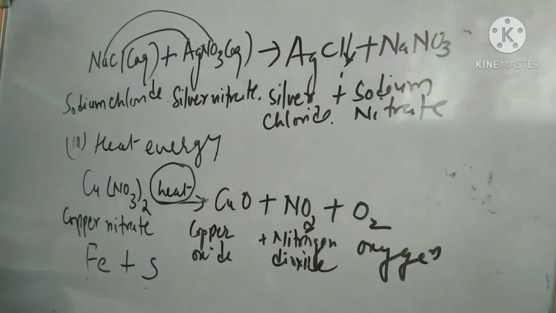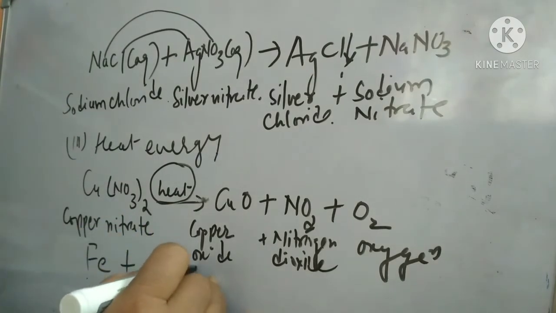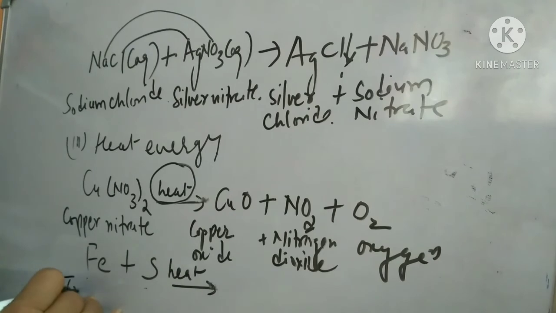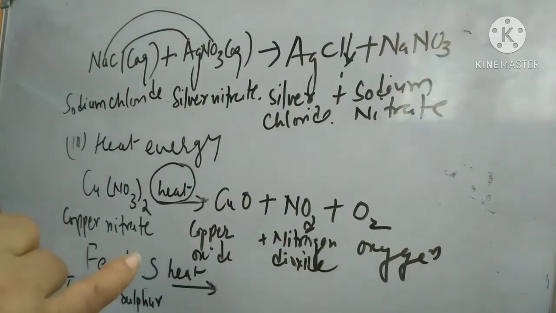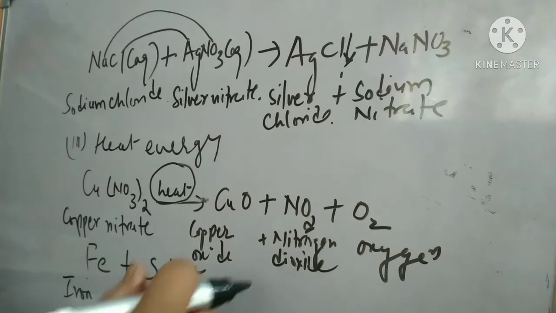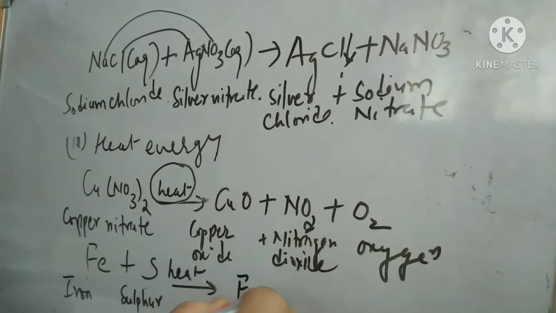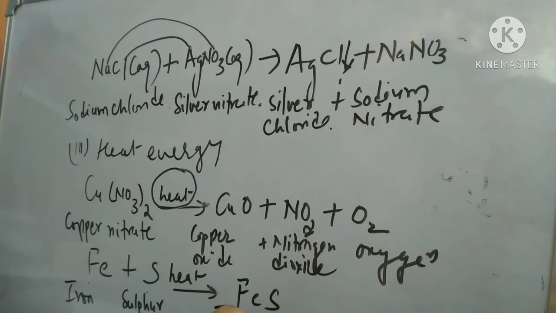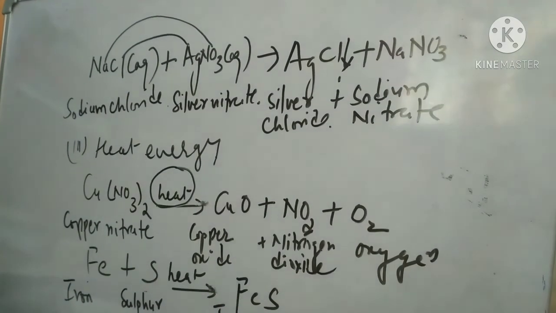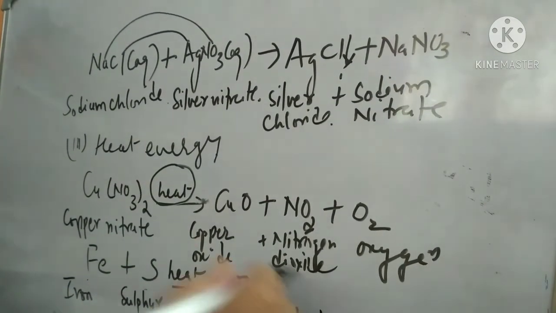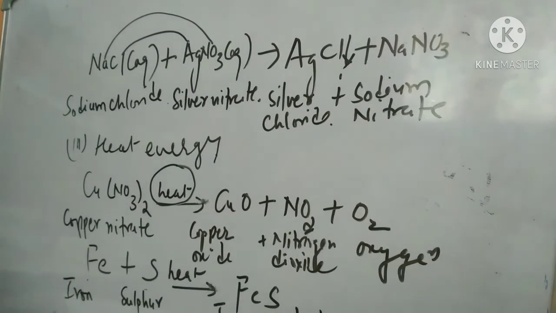But when we supply heat, this is your iron and this is your sulfur, both in the powder form I said just now. So when heat is supplied, it will form a product, that is iron sulfide. So this reaction is only possible in the presence of heat.